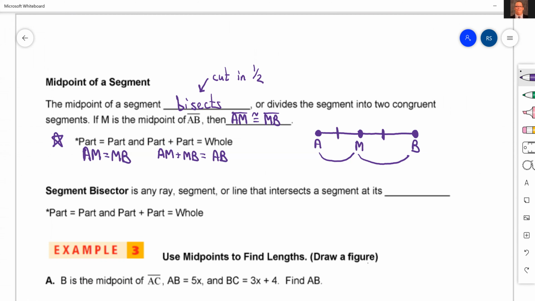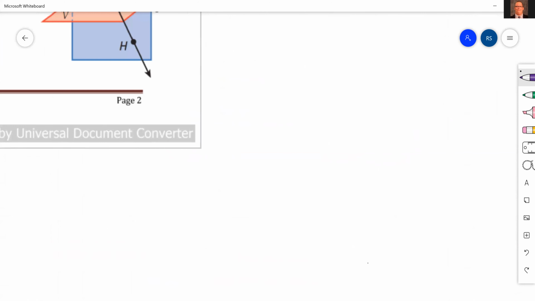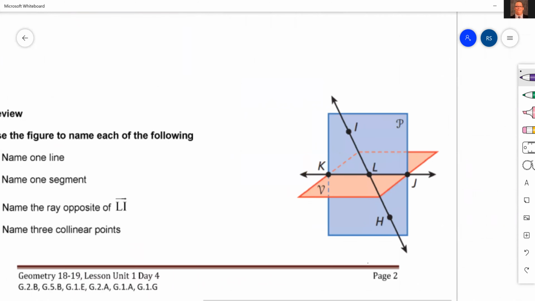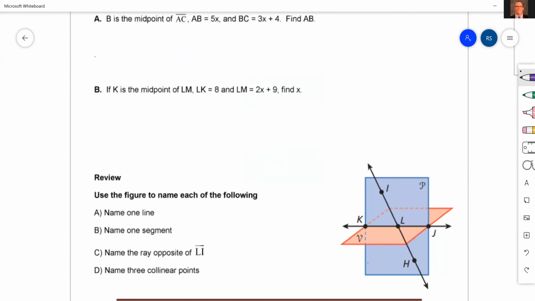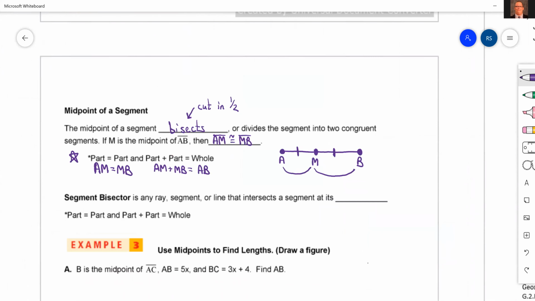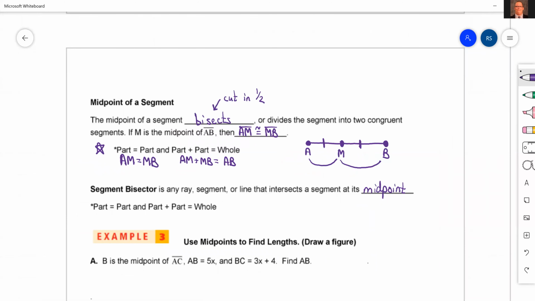A segment bisector is any ray, segment, or line that intersects a segment at its midpoint. So the way to think of this is to draw yet another picture.